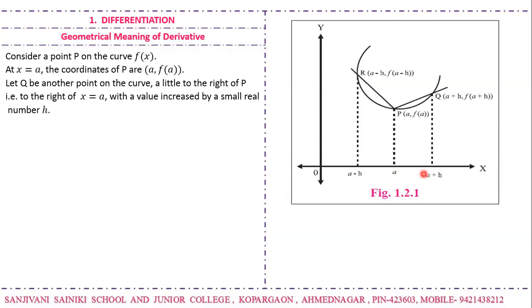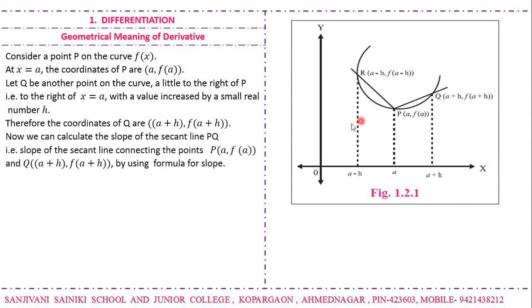Here it is a and here it is a plus h, where this h is a very small number. So we get the corresponding value of the function as f of a plus h. So the coordinates of the point Q are a plus h, f of a plus h.